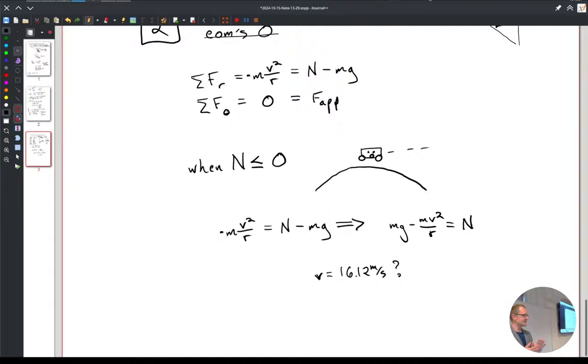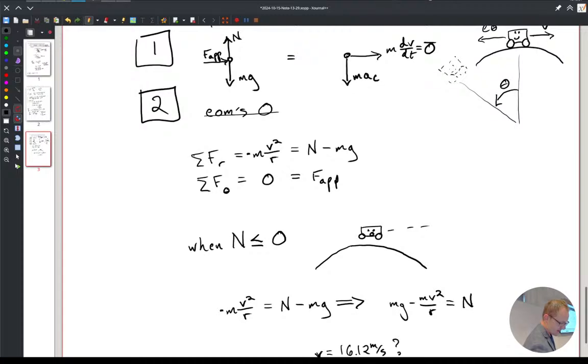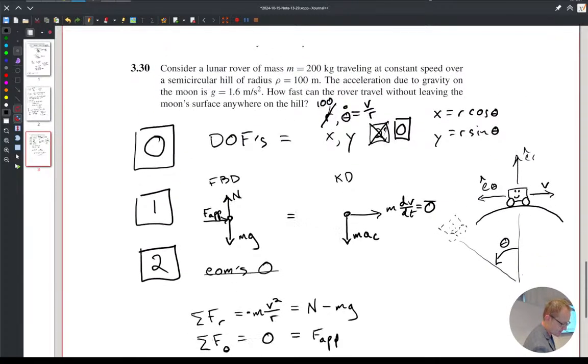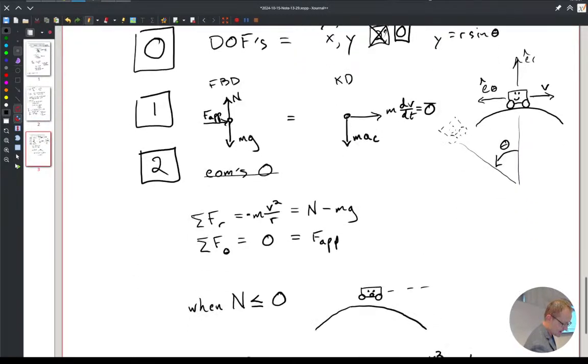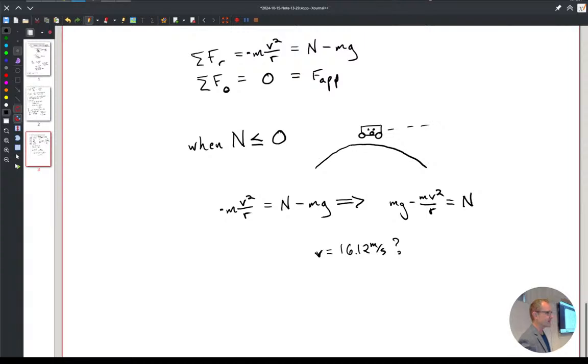Does mass matter? Do we know how heavy it is? 200. Okay. Is it going to change if it was like 400 kilogram? No? Not really, right?